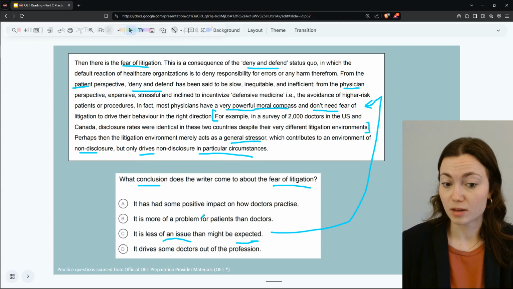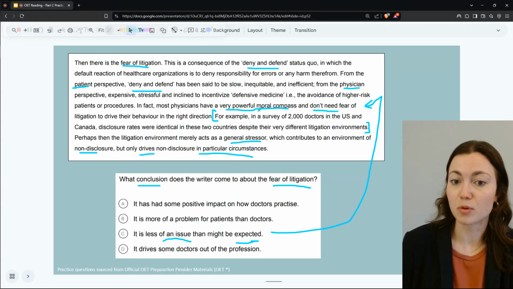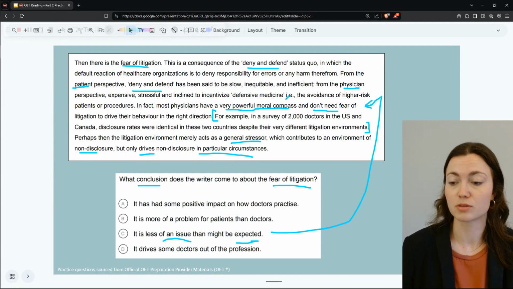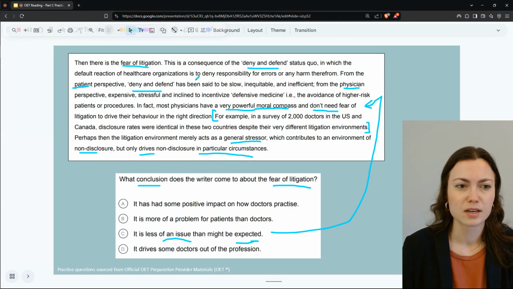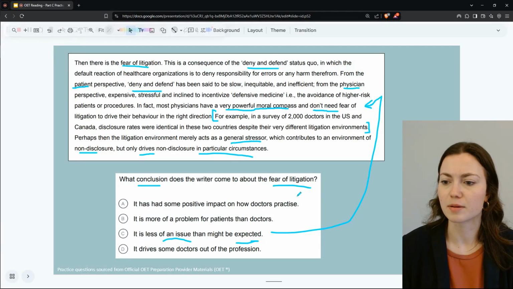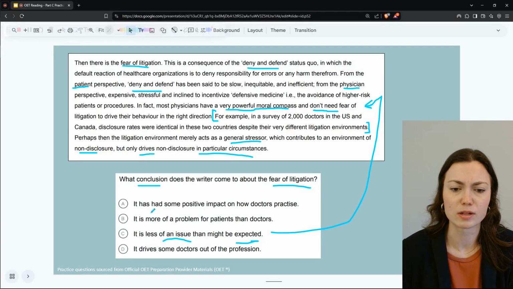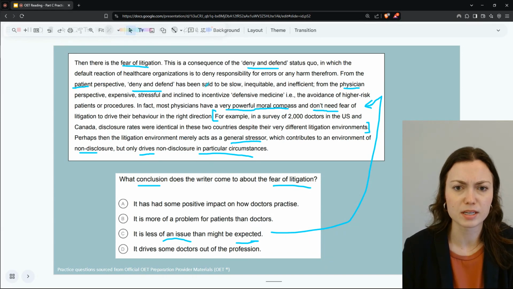What is possibly having a positive impact is the moral compass that he introduces rather than the fear of litigation. But in this case, we're not really seeing that the fear of litigation itself is creating a positive benefit overall. It is more of a problem for patients than doctors, so we have to look in there carefully.